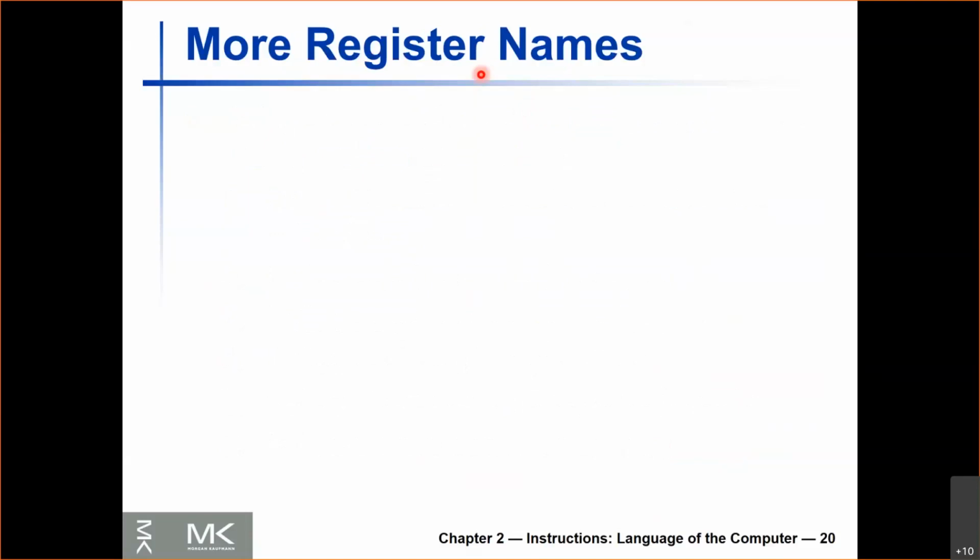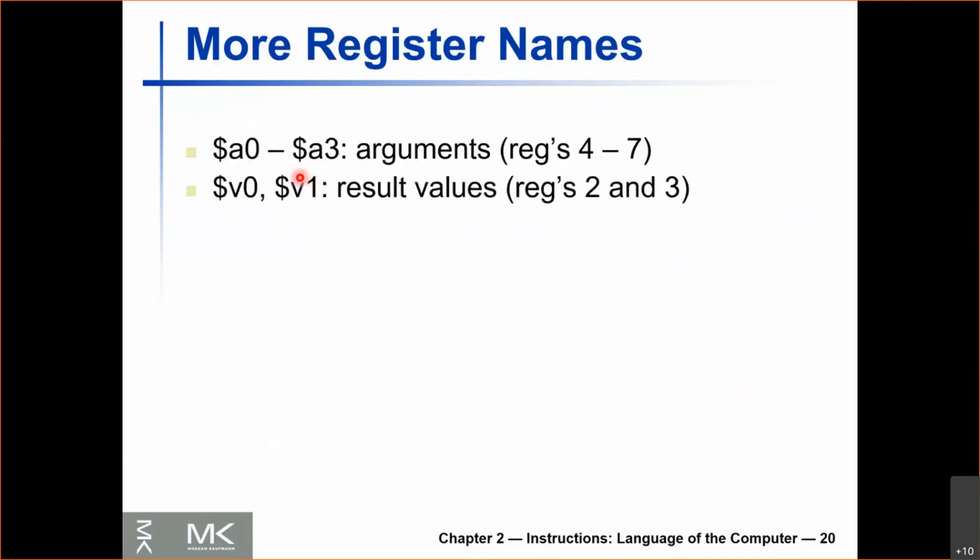Well, we actually have other registers, and these are the argument registers. Registers 4 to 7 are named A0 to A3, and these are used for storing the arguments that a caller passes to a callee. Okay, we have V0 and V1. These registers are used as the return values of functions.